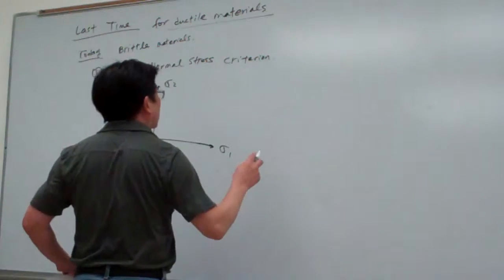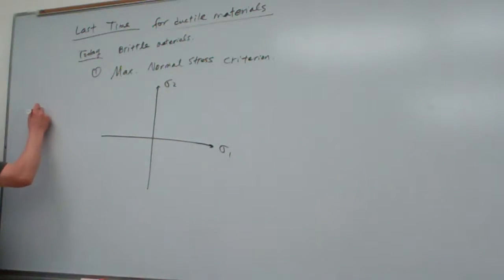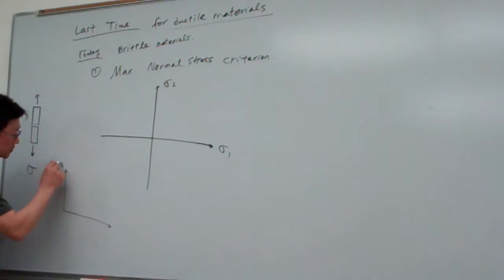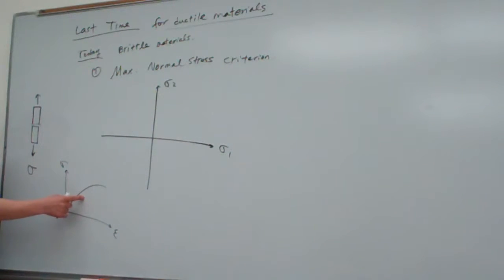If we have the material under uniaxial loading, you just pull it until it gets broken. In terms of our material testing, this is stress, this is strain. For brittle material the curve is like this.